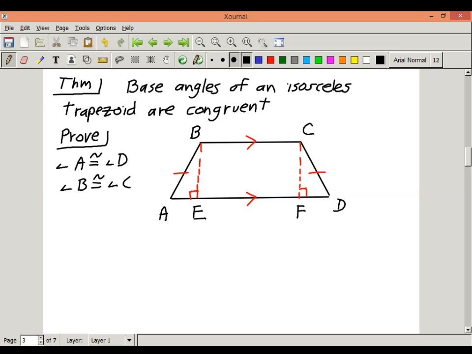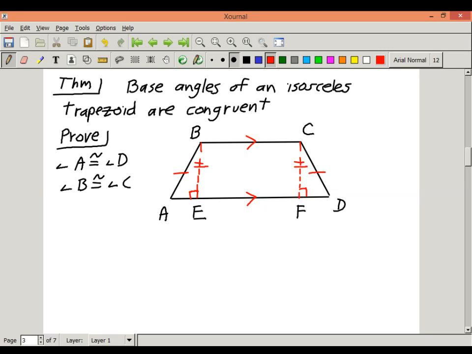So I'm trying to prove angle A and D congruent. You can see those down there. And also angles B and C congruent, because those are the two pairs of base angles in this trapezoid. All right, so to do that, I'm going to prove those two right triangles congruent that you see there. So you see that their hypotenuses are congruent. Those altitudes I just drew are also congruent, because that's how far two parallel lines are from each other.